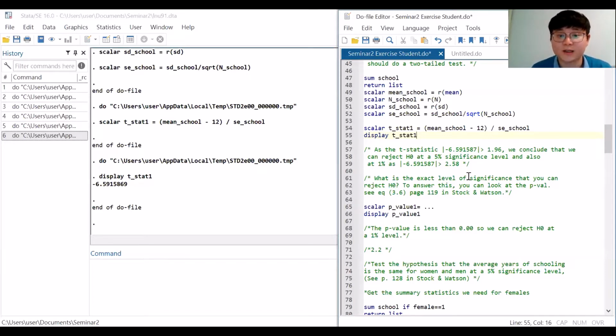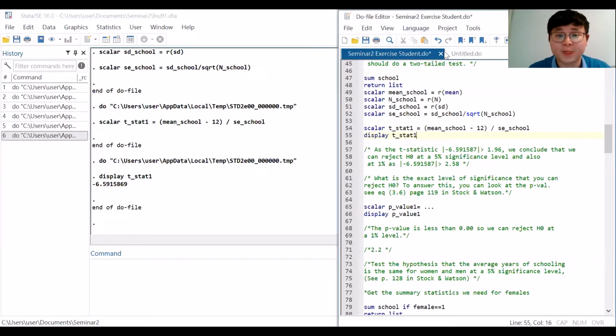So we can conclude that we can reject the null hypothesis at a 5% significance level, and also reject the null hypothesis at 1%, since the absolute value of minus 6.59 is bigger than 2.58. So basically, t statistics is the value that tells whether you can reject a hypothesis at a certain percentage or not.